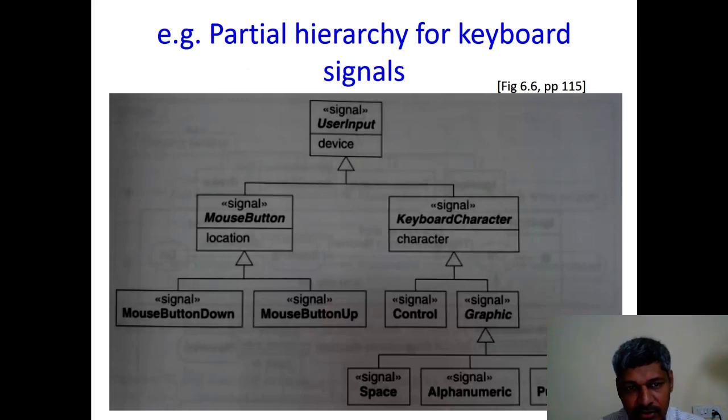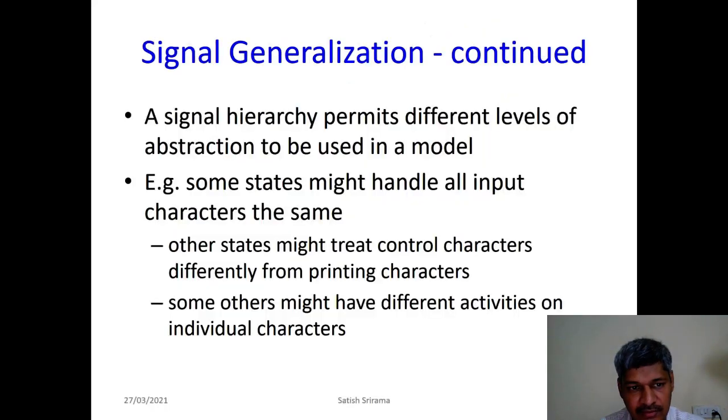Why do we use signal generalization? A signal hierarchy permits different levels of abstraction to be used in a model. That is the main advantage. Some states might handle all input characters the same, whatever you type. Some other state might treat control signals differently and printing characters differently.